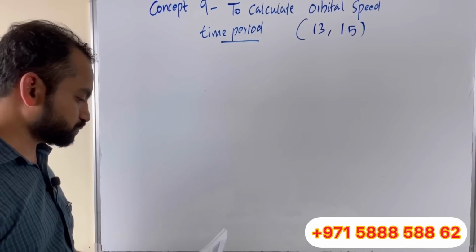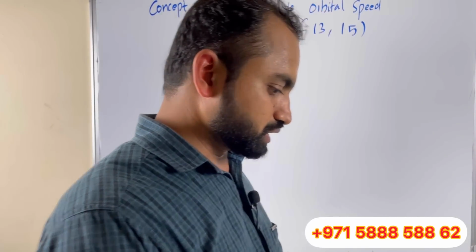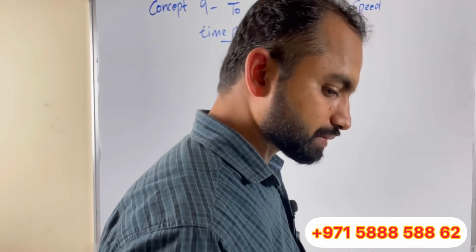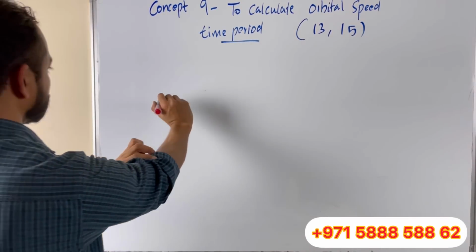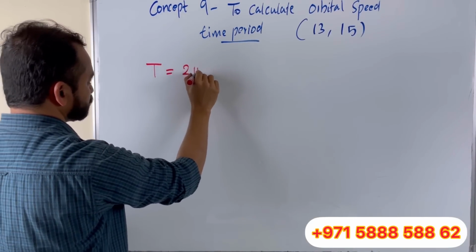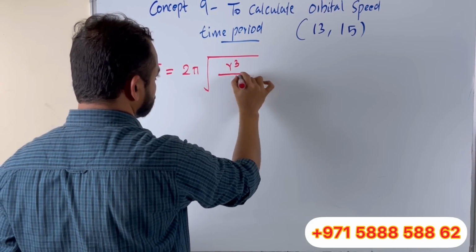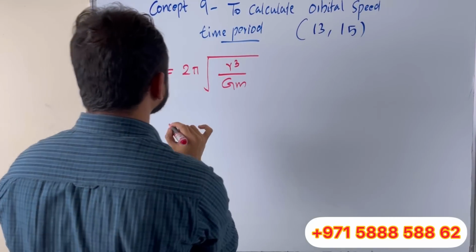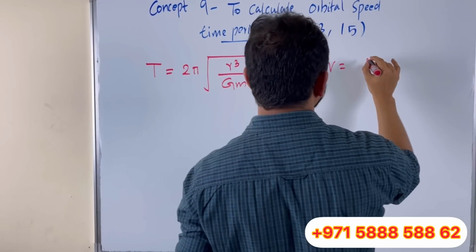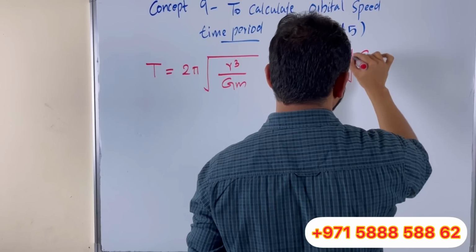Okay, so first I will write the equation to calculate the speed and time period. The equation to calculate time period T is equal to 2 pi into square root of r cubed divided by GM, and orbital speed v is equal to the square root of GM divided by r.